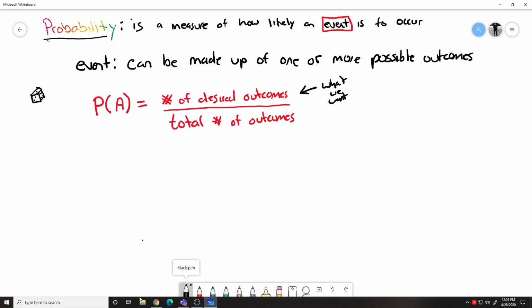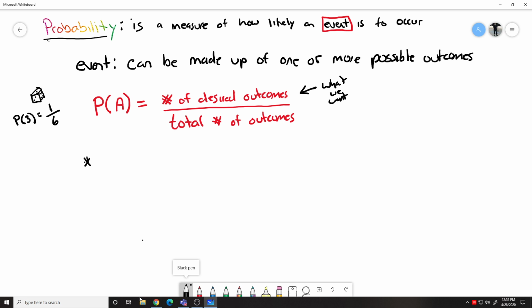Now on the bottom of the formula is the total number of outcomes. You've got to figure out what all the possible outcomes are. If you're rolling a dice, there's 6 possible outcomes. So the probability of rolling a 3 would be a 1 in 6 chance.